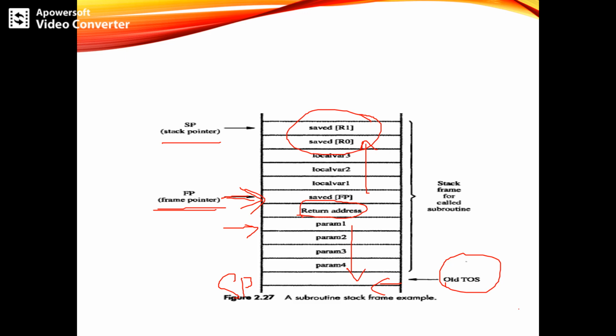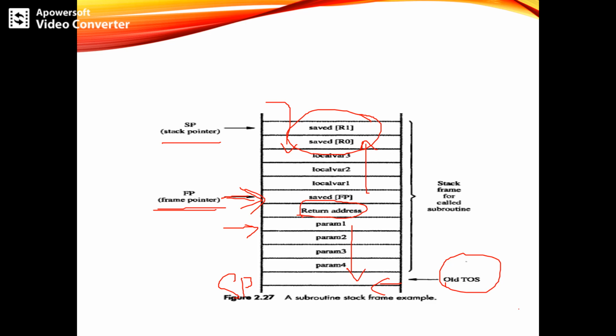After the frame pointer, the local variables 1, 2, 3, everything will be pushed into the stack. After execution of the entire program, we can copy the results within the saved content of R0 or the saved content of R1 and so on.